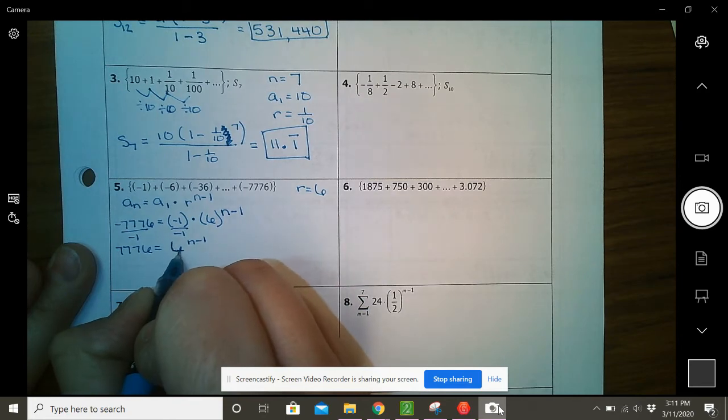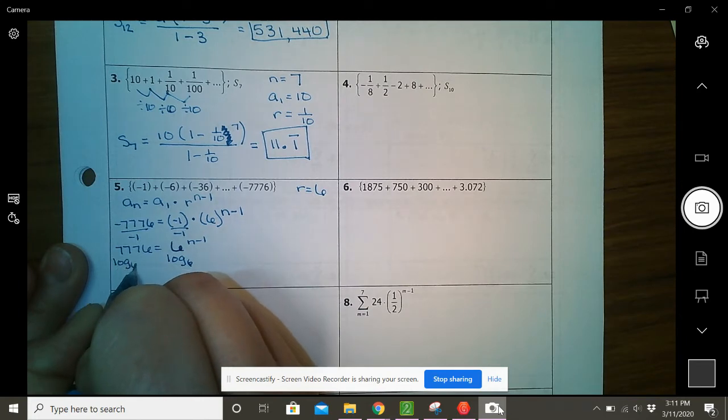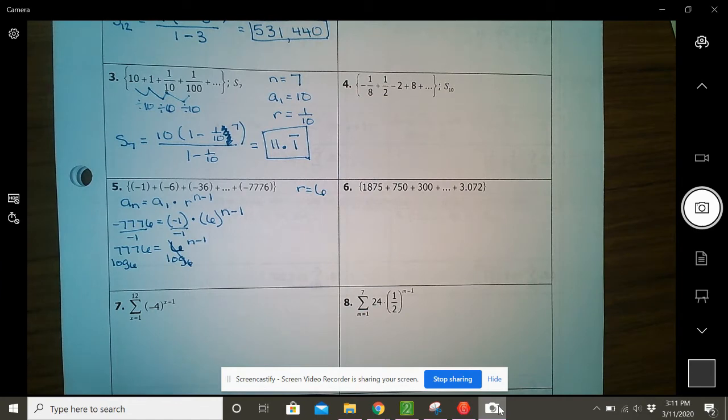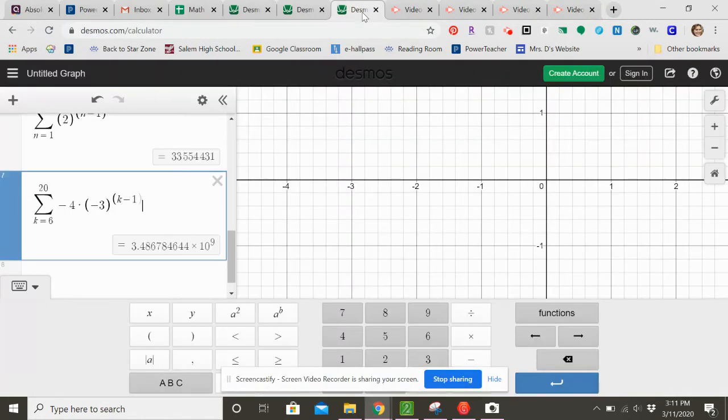To get rid of this base of 6, I would need to apply a log of base 6 to both sides. That logarithm cancels out the base of 6. And here's where I would probably need to go over to Desmos to figure out what is log base 6 of 7,776. Let's go get that.